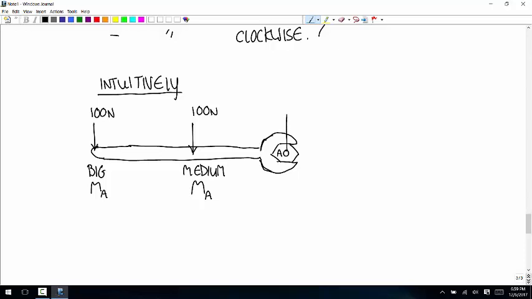And if you apply a force of 100 newtons right over the bolt, I mean, you could apply 1,000,000 newtons right over the bolt and it's not going to turn. If you apply enough force, it would just rip the bolt right off, but it would never make it turn. So what's important is the perpendicular distance between the axis and where the force is applied, the line that's perpendicular to the force.